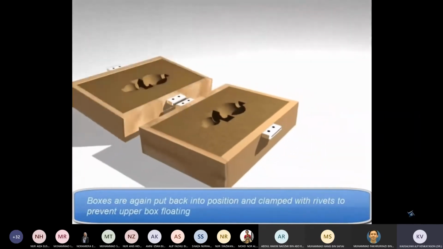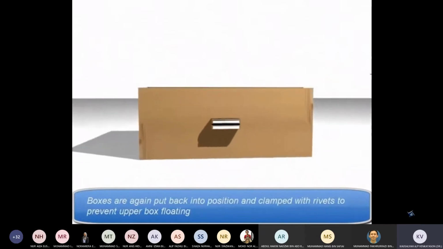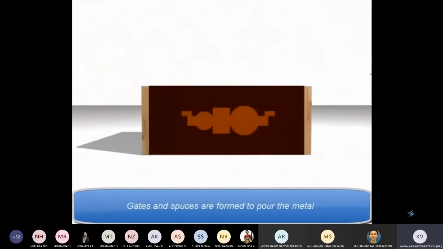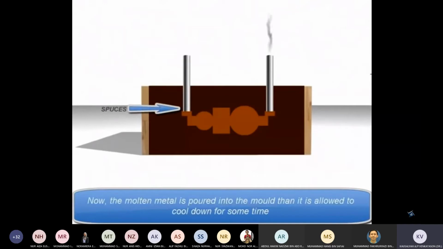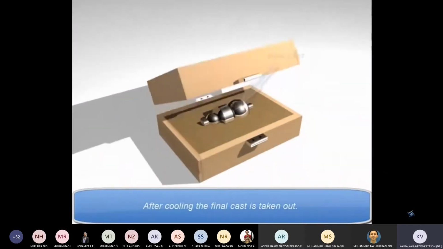Boxes are again put back into position and clamped with rivets to prevent the upper box floating. Gates and sprues are formed to pour the metal. Now the molten metal is poured into the mold. Then it is allowed to cool down for some time. After cooling, the final cast is taken out.